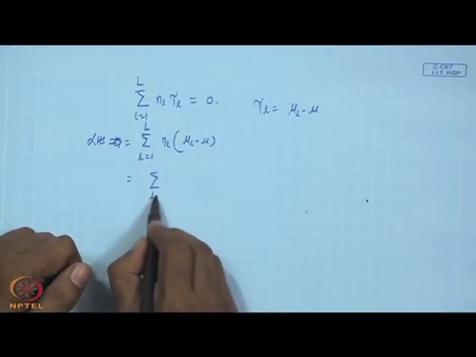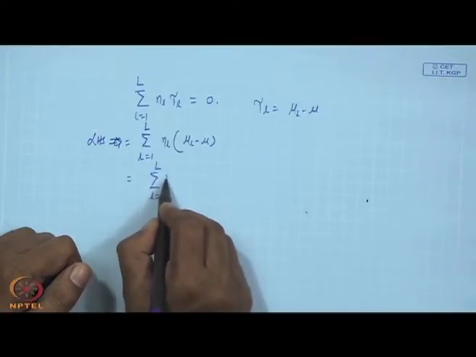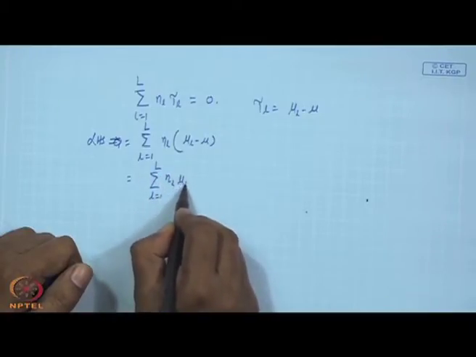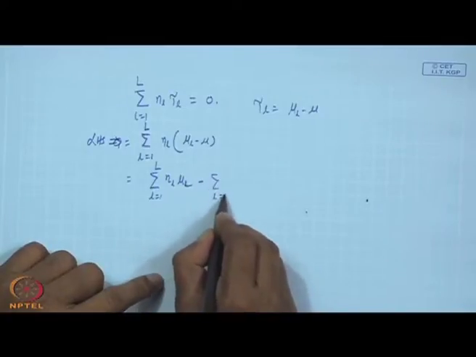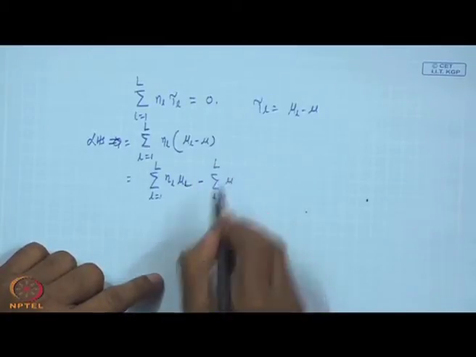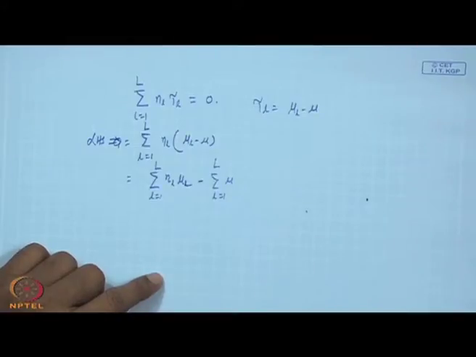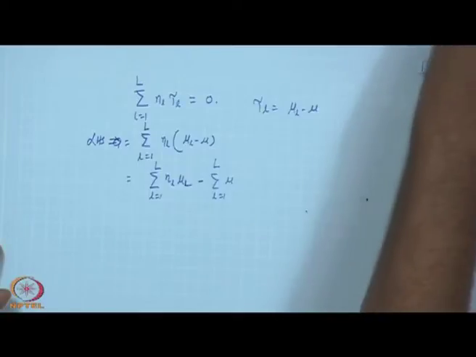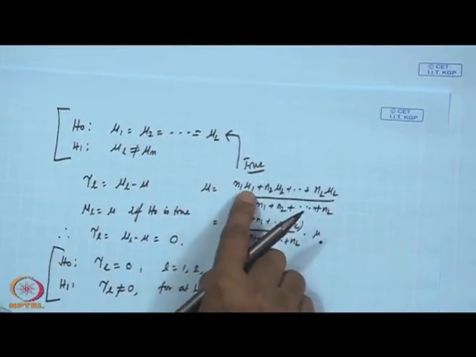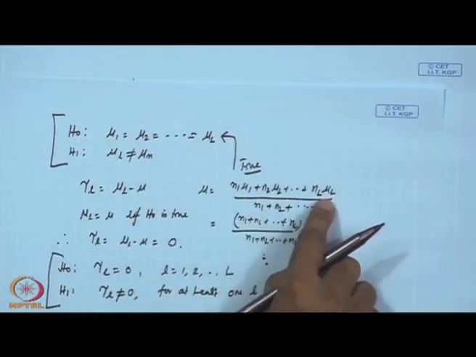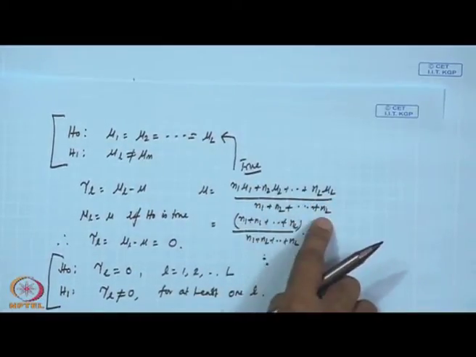This one: the sum of N L mu L minus the sum of N L into mu. So, you have already seen that mu equals N 1 mu 1 plus N 2 mu 2 plus N L mu L by the total.